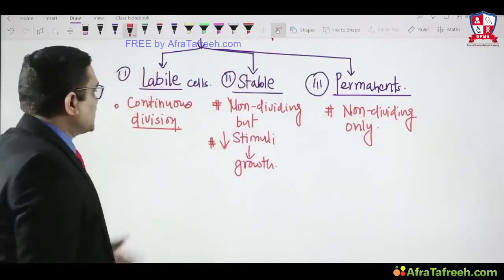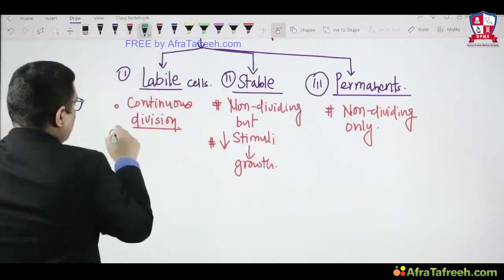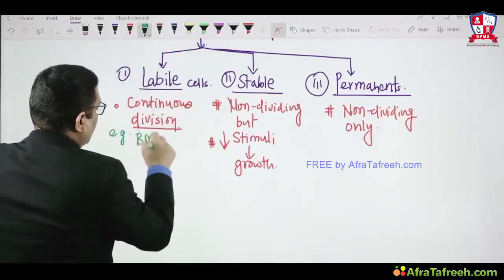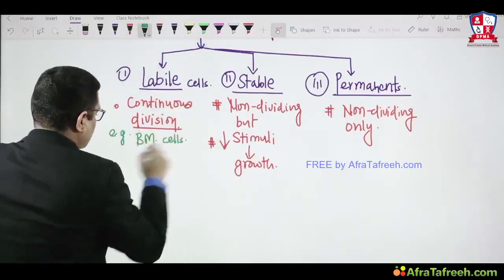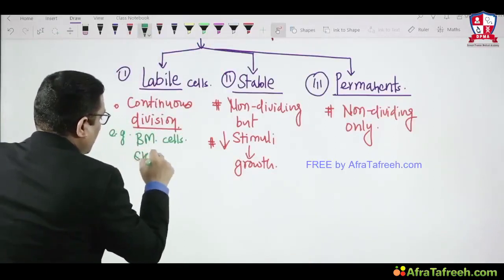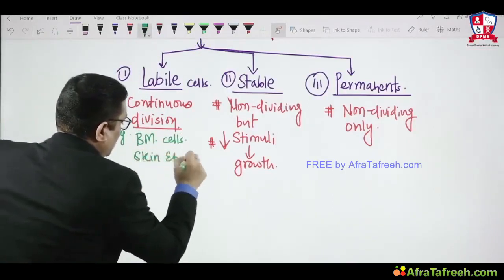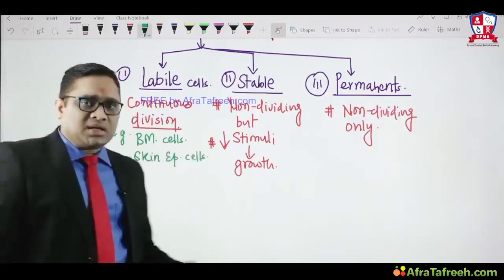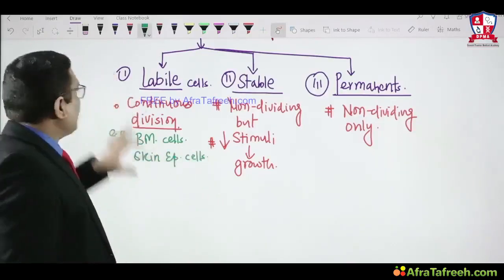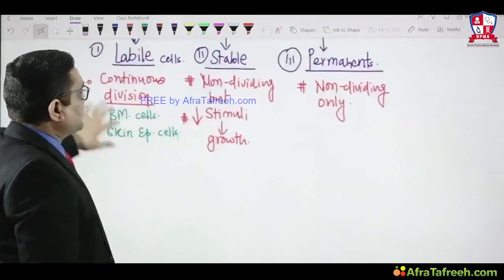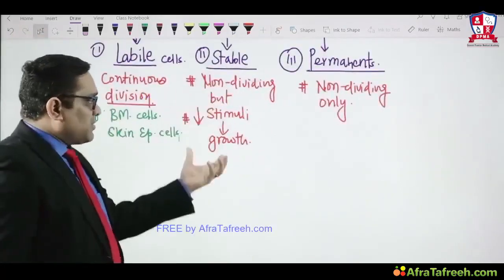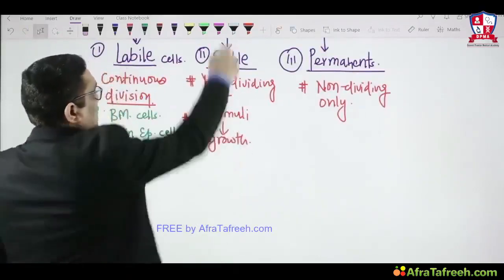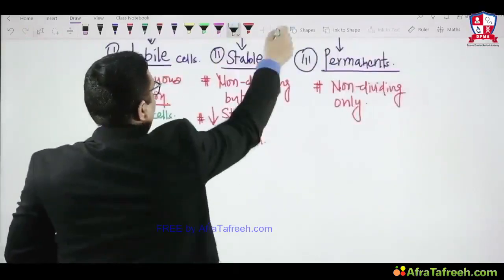Now we will see examples. Examples of labile cells, which proliferate continuously throughout life, are bone marrow cells and skin epithelial cells. Stable cells are non-dividing cells that grow under a stimulus. This was an older question in an All India exam.